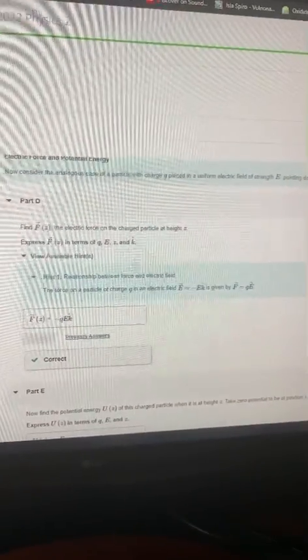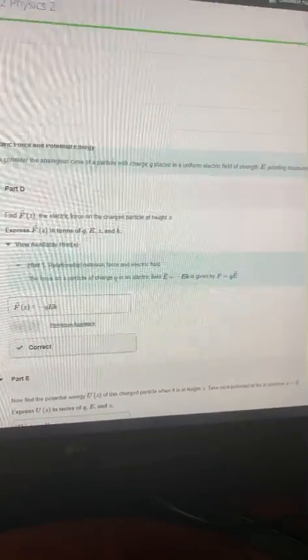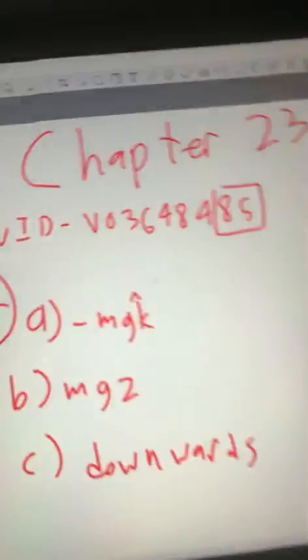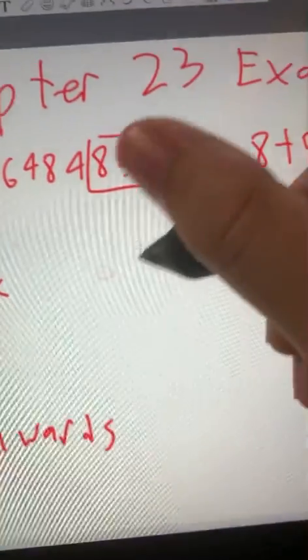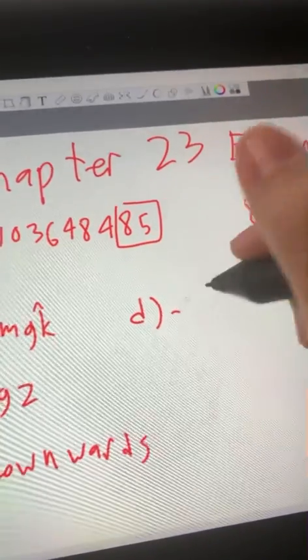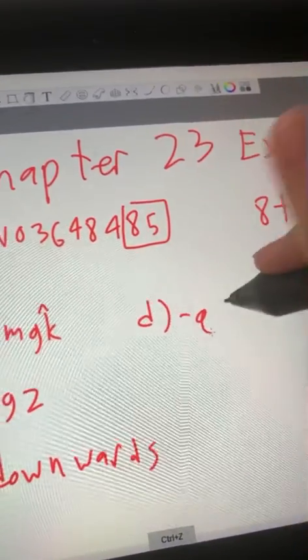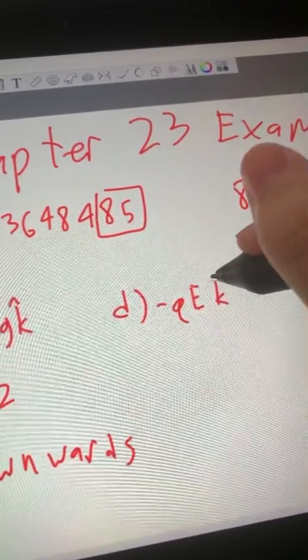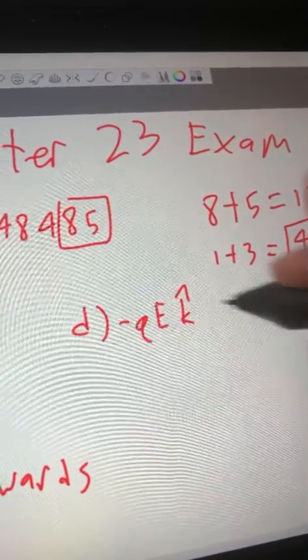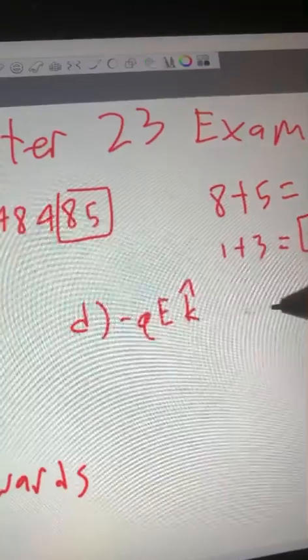Part D asks us, find Fz, the electric force on the charged particle at height z, and we have to express it in terms of Q, E, z, and or k. So for part D, we would do the equation negative Q, E, k, and in this equation, we're using E as a vector.